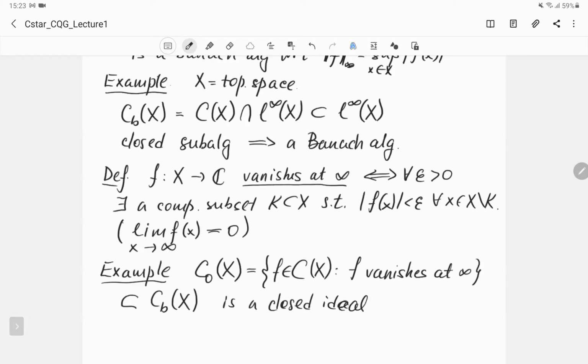So it is a Banach algebra. Observe that in general, this algebra is not unital. In fact, it's a good exercise to show that if X is Hausdorff, locally compact, and is not compact, then C_0(X) is not unital.